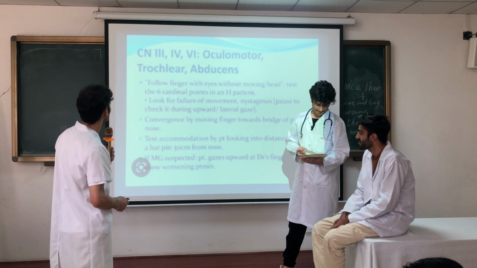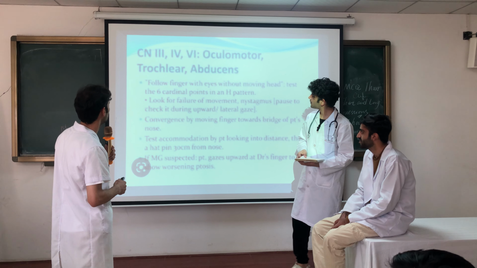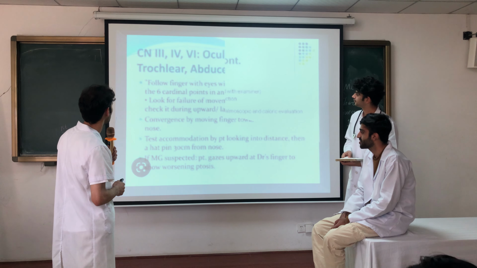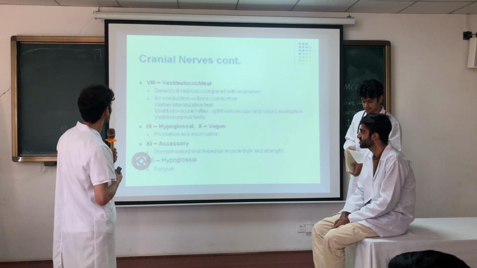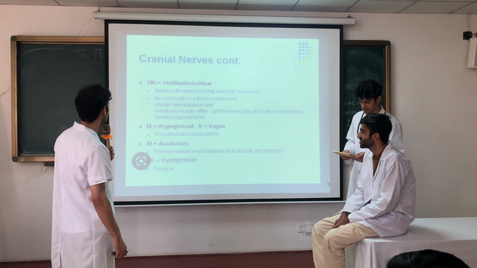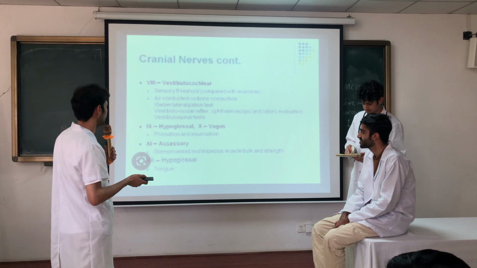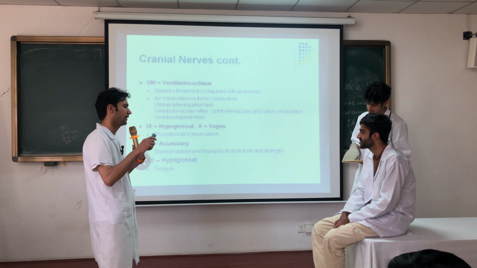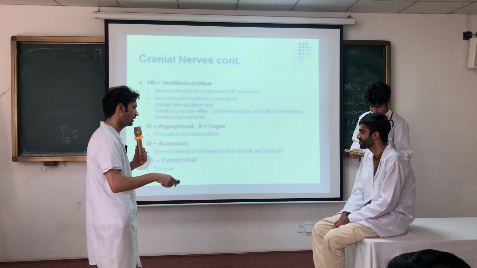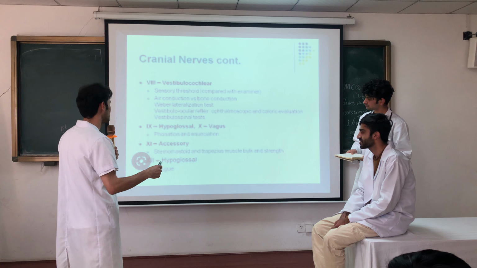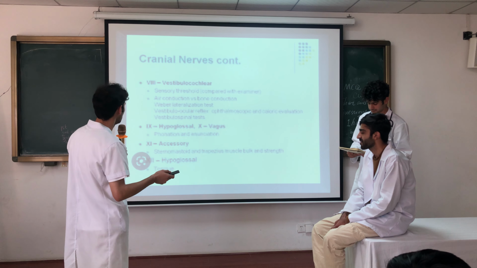So we already checked the third, fourth, and sixth cranial nerves. The eighth cranial nerve is the vestibulocochlear nerve. It is mostly concerned with hearing and balance. We already performed the Romberg test, and if there is some problem, it can be elicited.